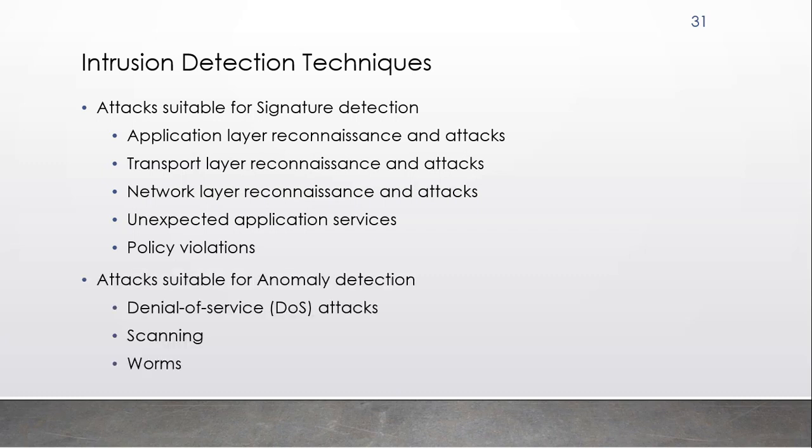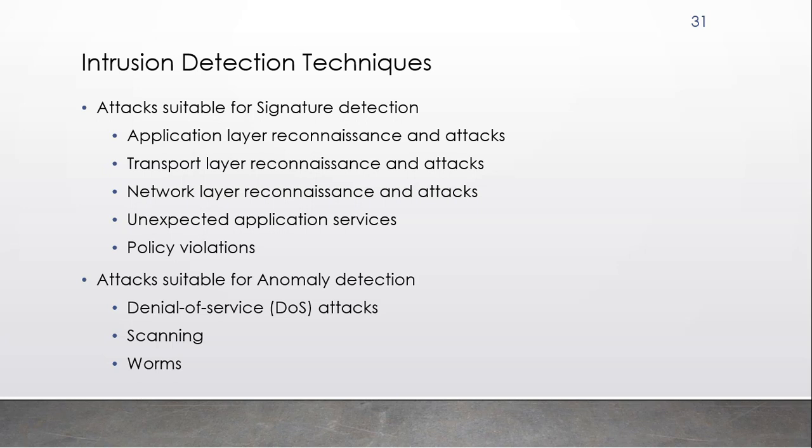Attacks suitable for anomaly detection include denial of service attacks. We've already discussed these in an earlier video. A scanning attack occurs when an attacker probes a target network or system by sending different kinds of packets. Using the responses received from the target, the attacker can learn many of the system's characteristics and vulnerabilities.